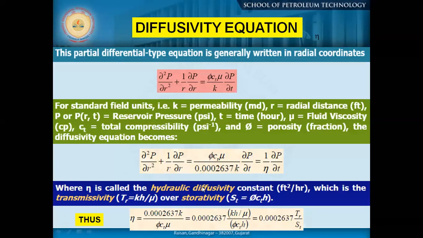That means the material supplied through the compressible zone, if it is proportional to the Q which you are producing at that specific time from the well, then you will not get any pressure change. That means pressure will be constant. But if you are not getting that, then the compressible zone area, transmissivity and storativity, the physical nature of the compressible zone area, is reflected in your pressure response.